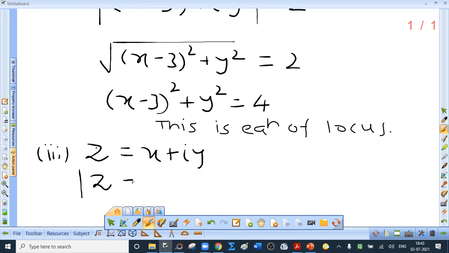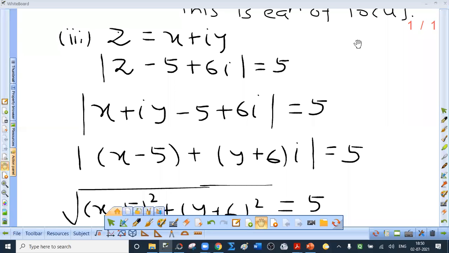Modulus of z minus 5 plus 6i equal to 5. Type your answer in the chat box. Tell me the equation of locus. So mod of z minus 5 plus 6i equal to 5 means modulus of x plus iy minus 5 plus 6i equal to 5.